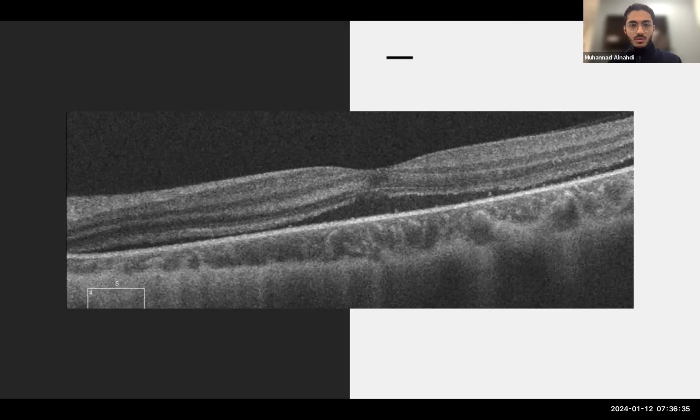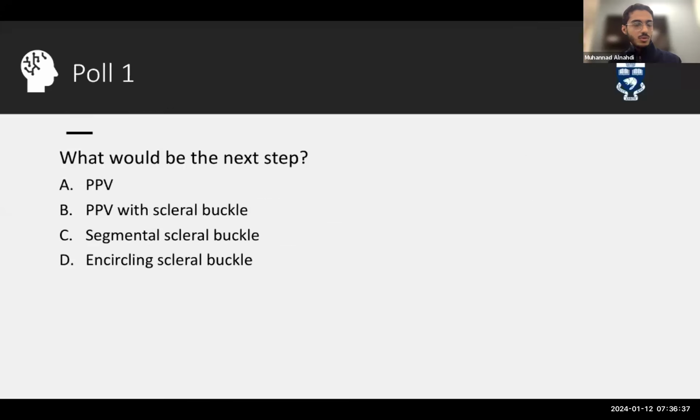So the first poll question would be, what would be the next step? Pars plana vitrectomy, vitrectomy with scleral buckle, segmental scleral buckle, and encircling scleral buckle.